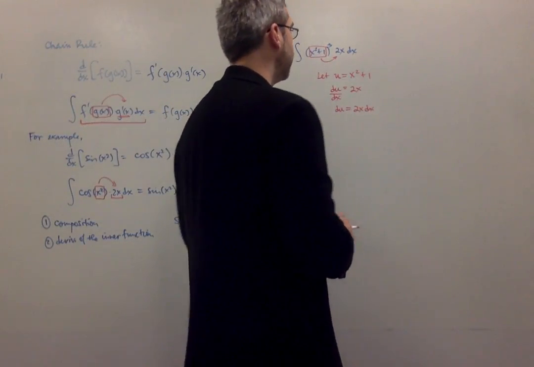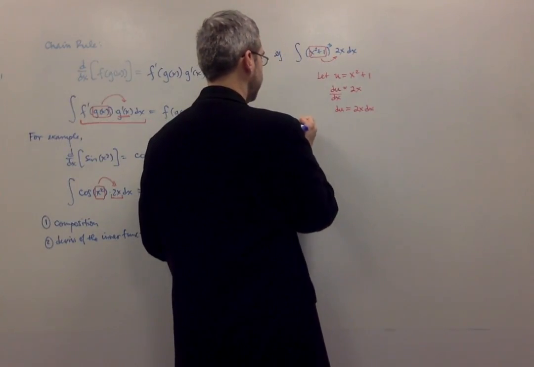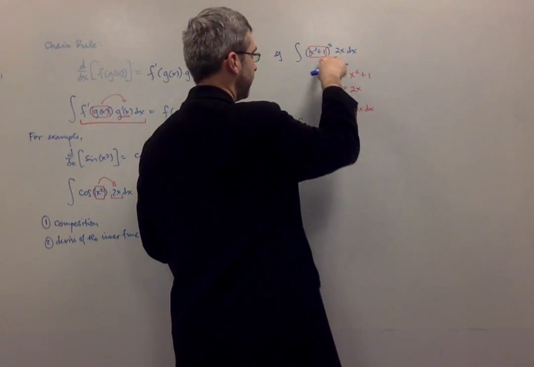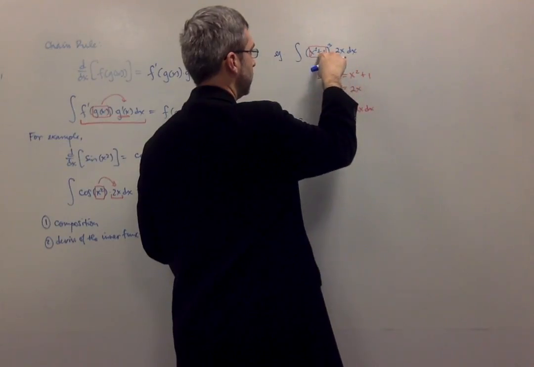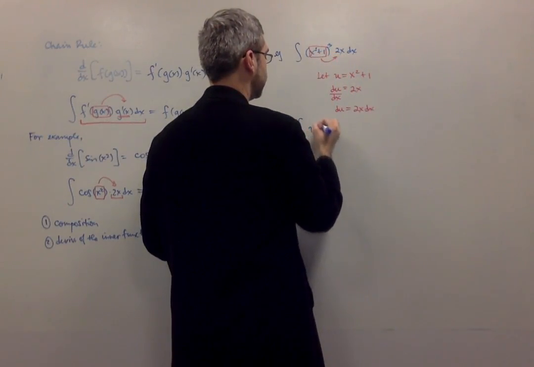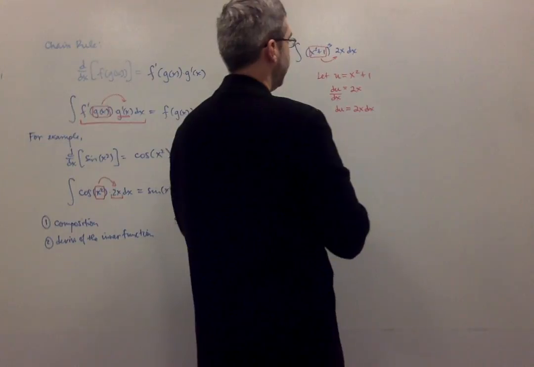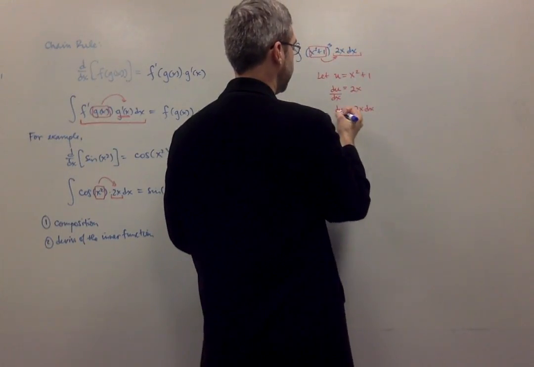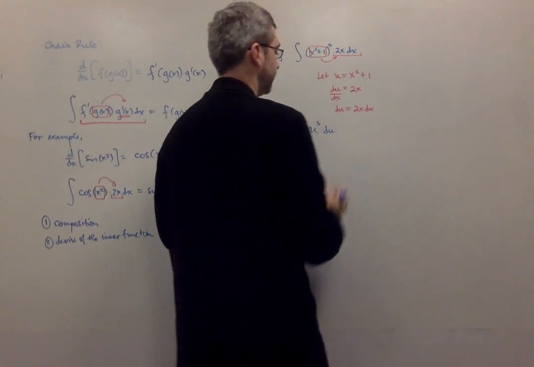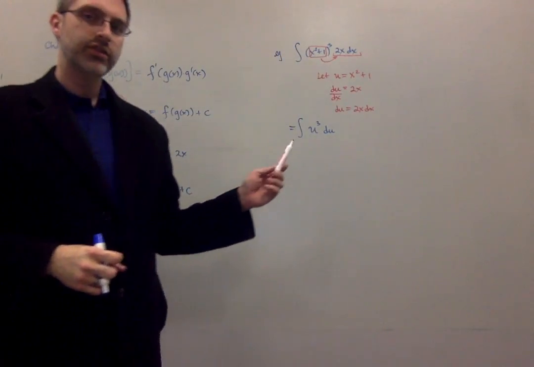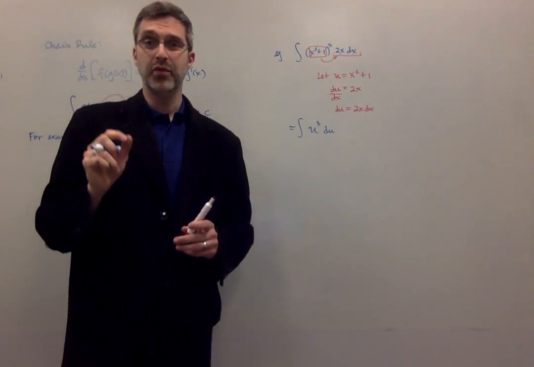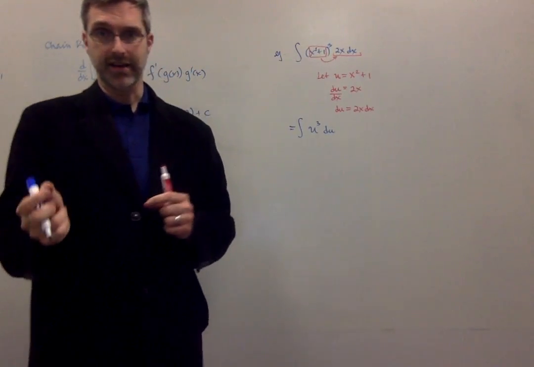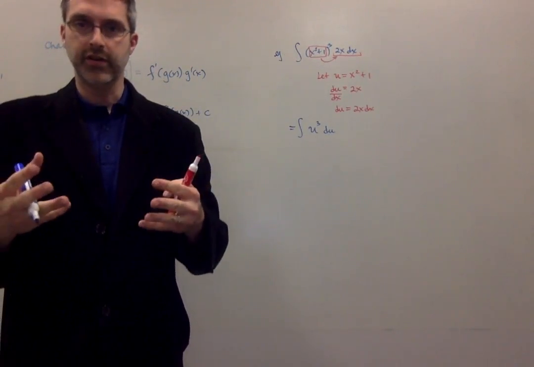So what I'm going to do in this integral here is everywhere where I see x squared plus 1, I'm going to substitute a u. And then for this 2x dx, I'm going to substitute in this differential du. This is actually one of the reasons why it's super important never to forget the dx, or whatever the d is at the end of your integral.